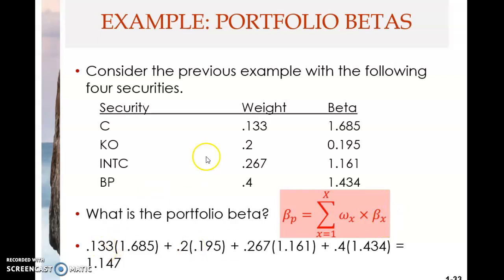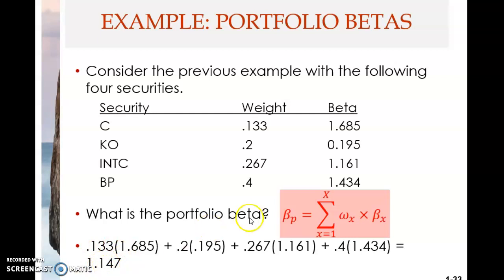So here it will be 0.133 multiplied by 1.685, plus 0.2 multiplied by this, plus 0.267 multiplied by 1.161, plus 0.4 multiplied by 1.434. You sum all the 4 elements, and you get the beta of the portfolio.